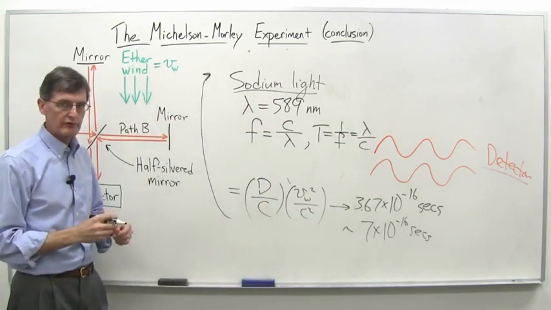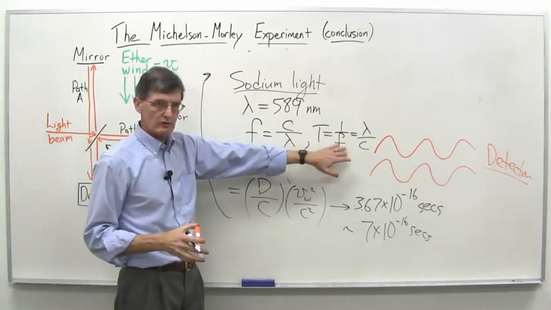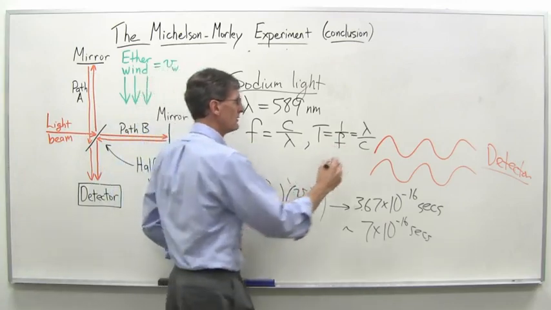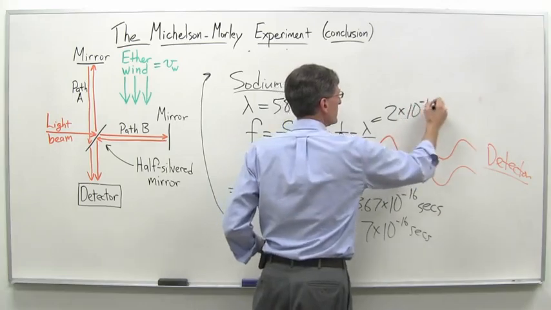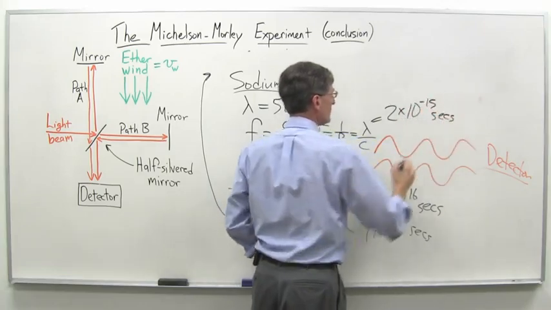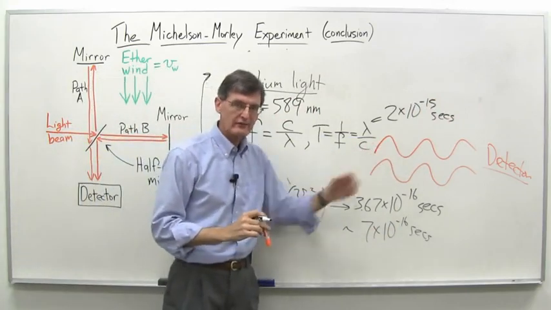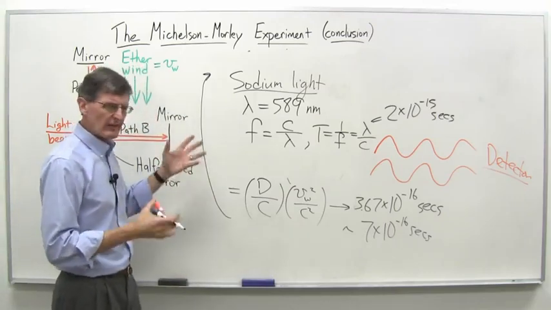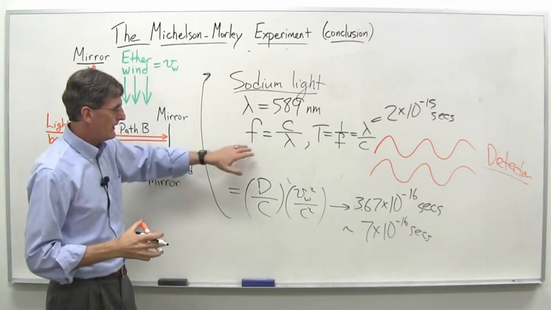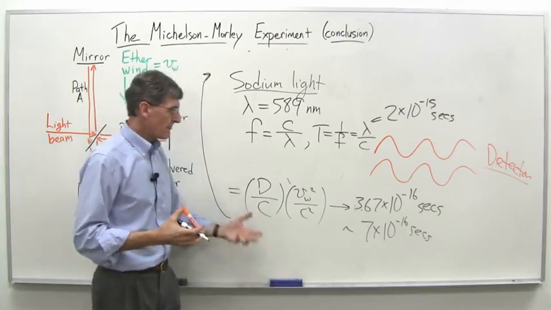And that's really what we're most interested in here. If you do this calculation, you will find the period for sodium is about 2 times 10 to the minus 15 seconds. Again, still a very small amount, the difference between the peaks in this bright sodium light, sort of yellowish light. And so 2 times 10 to the minus 15th seconds.